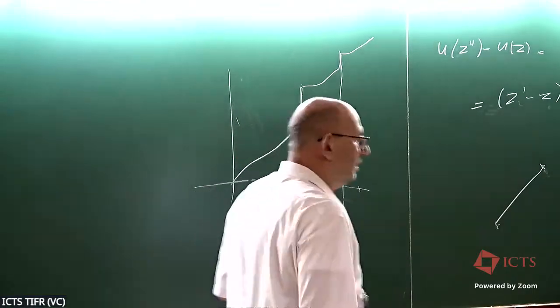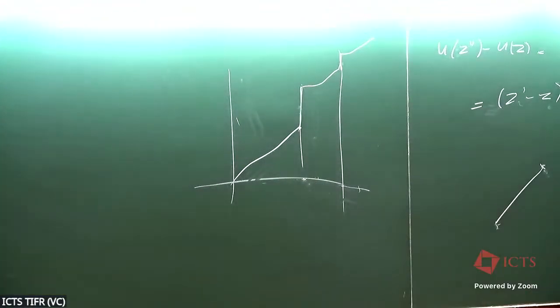So along each transport ray, there are at most countably many points of discontinuity. These are the bad points.